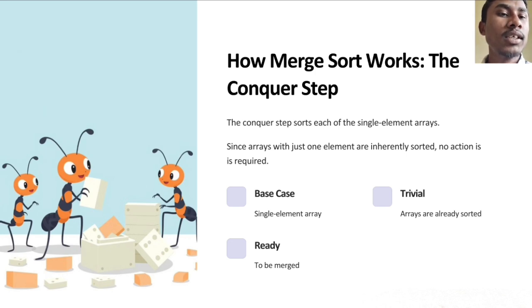In the base case, we have single element arrays. Next, the arrays are already sorted, so they do not have to be sorted again and again. Then in the ready step, we can merge these elements which are already sorted.